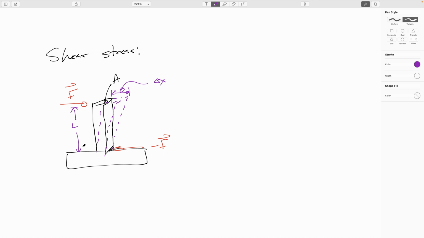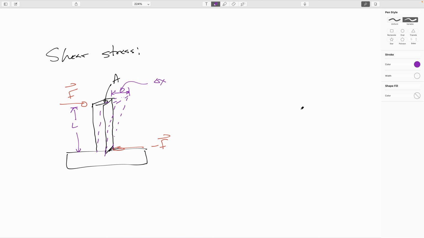And I want to be clear here that unless the material is jello, in typical situations, the shear strain is not going to be a huge number. Jello being the classic example. If you've ever played with a block of jello and flicked the top of it, congratulations.